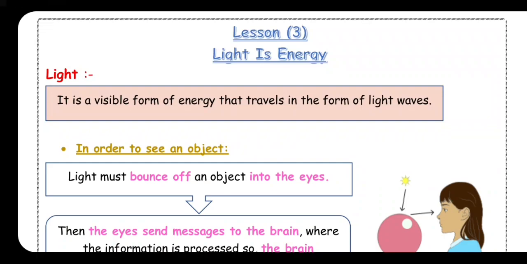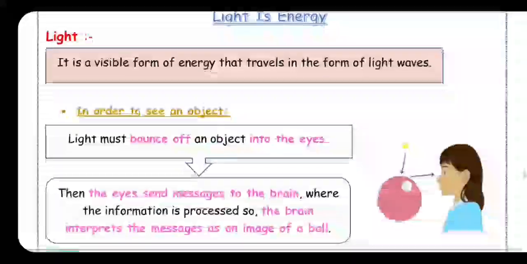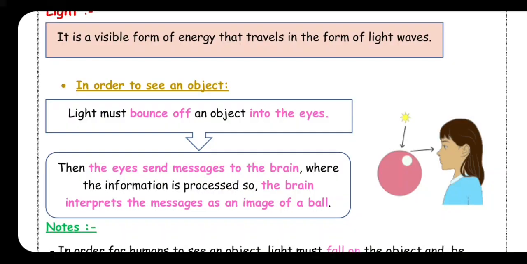But all of these are unseen forms or unseen types, or invisible. But light is a visible form of energy that travels in the form of light waves. How can we see, Junior 4? The light must bounce off or fall on the object.